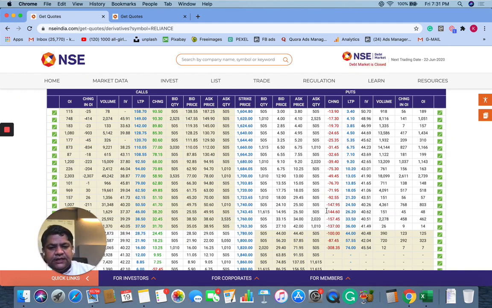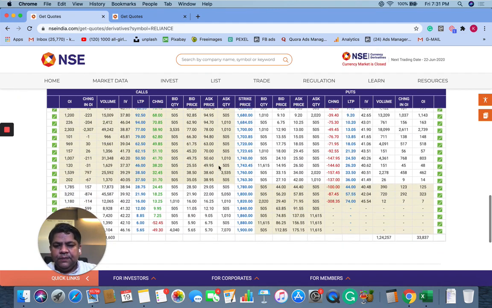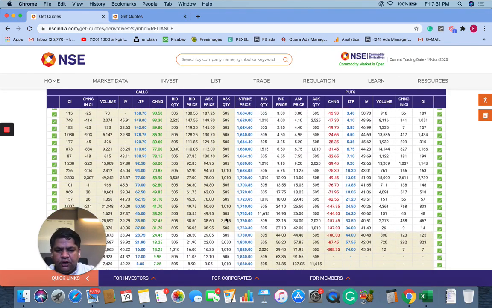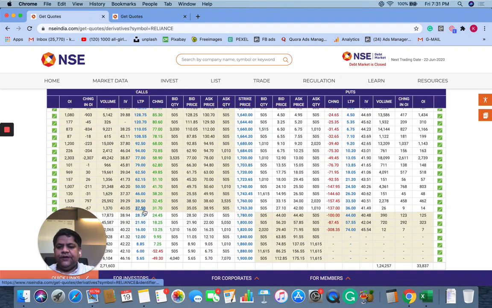But what you see is that the farther you go from your underlying price, the lesser premium you have to give in the put option. And in the call option, it goes just against it. In the call option, let's say 1763 rupees will also have a call option. It is 37 rupees, and the farther you go, the lesser premium you have to give.